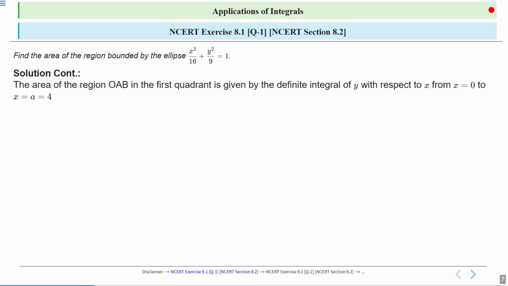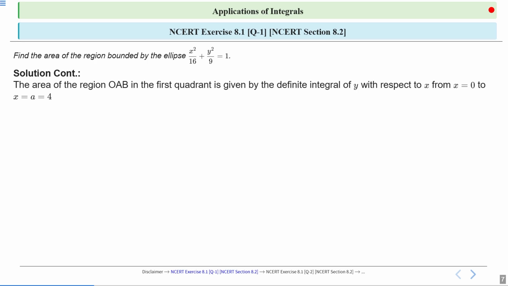Now we take the limit of x. The first line is the vertical axis, that is the y-axis, x equal to 0, to the last line, that is x equal to a, which is equal to 4.